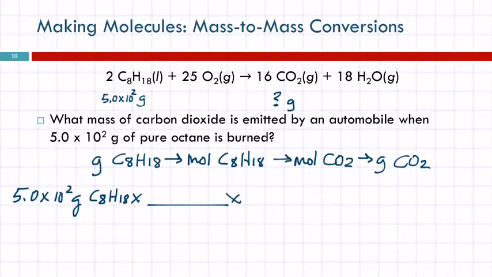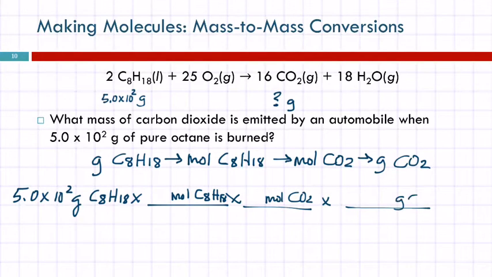I'm going to have 3 conversion factors. Grams octane to moles CO2 to grams CO2. Those are the things that go on this line. So here's moles octane and moles of CO2 and grams of CO2.